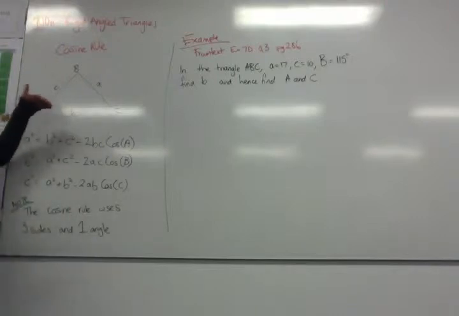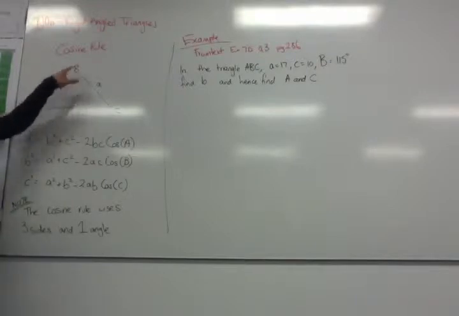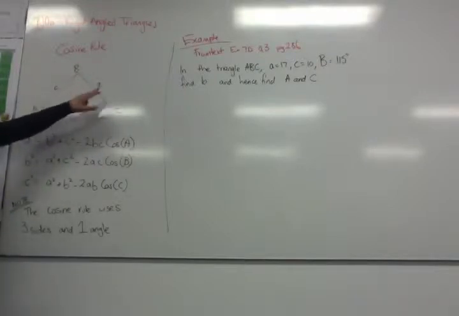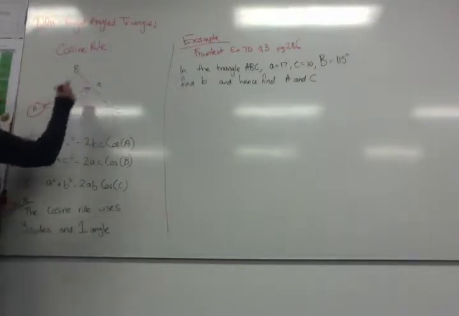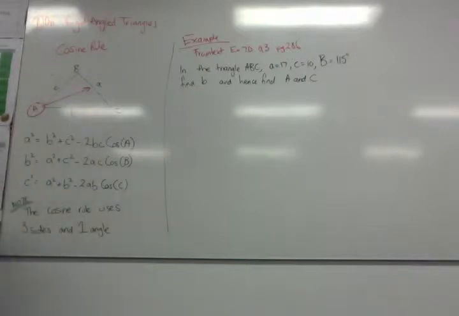Like last lesson with the sine rule, you had the triangle with the angles labelled capital A, B, and C, and the sides labelled little a, b, and c. Remembering that the angle is opposite its side, so those two always work together.